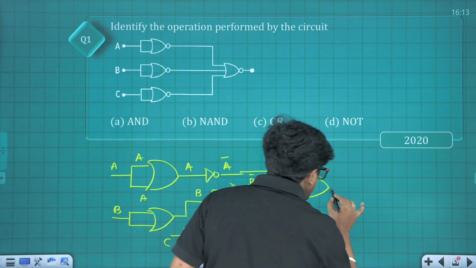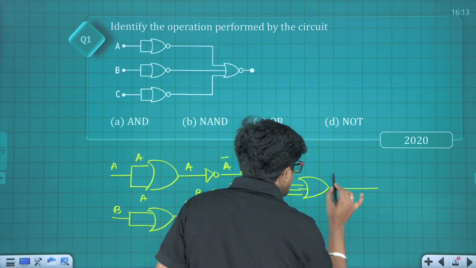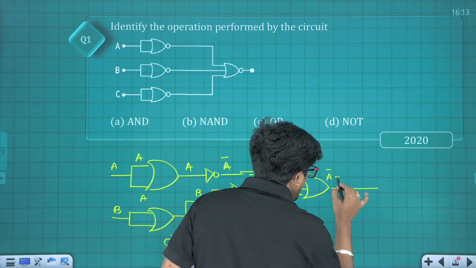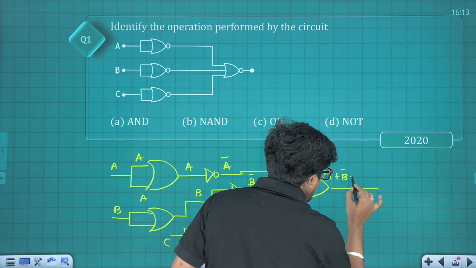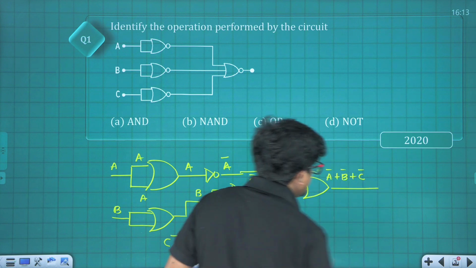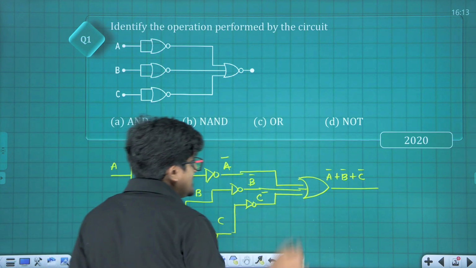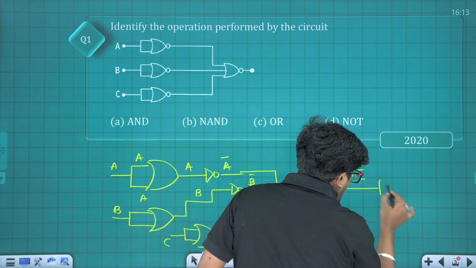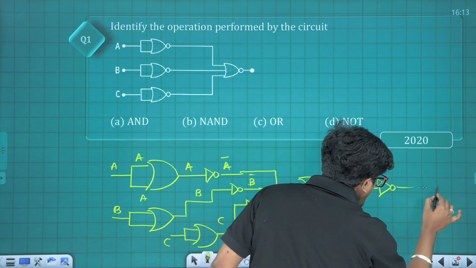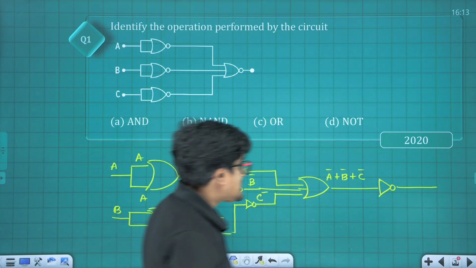Okay, fine. So what is it now? Here this is A bar plus B bar plus C bar, and that is given as an input to a NOT gate. What is it now going to be?